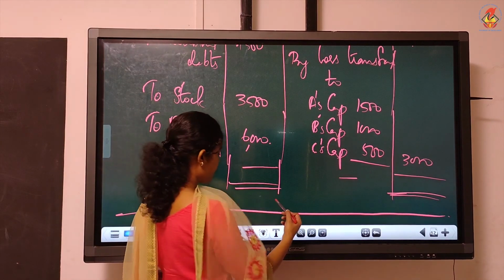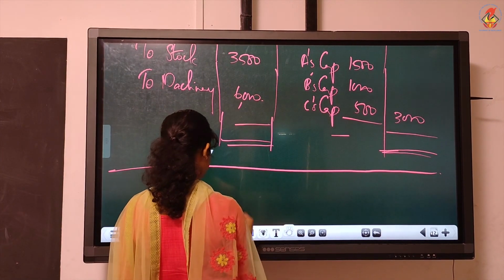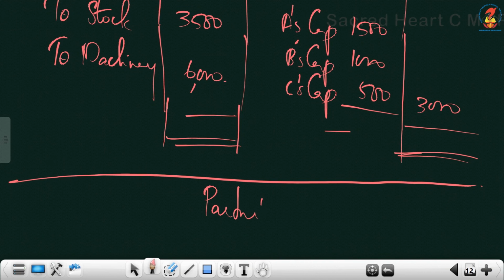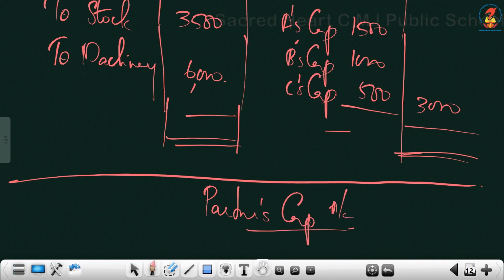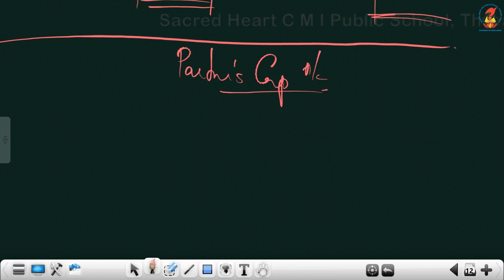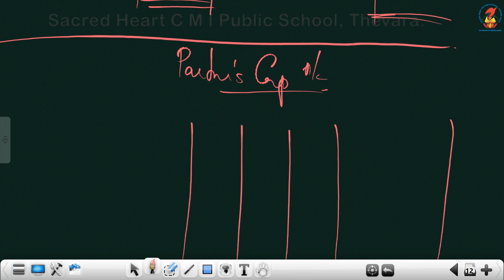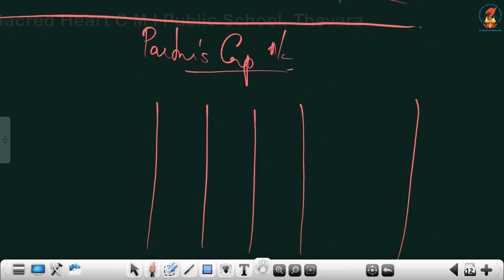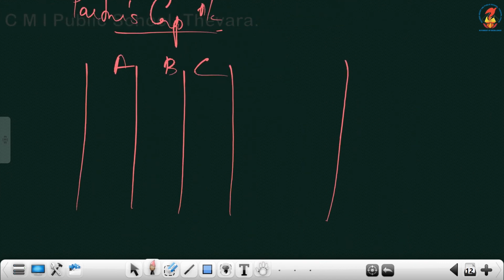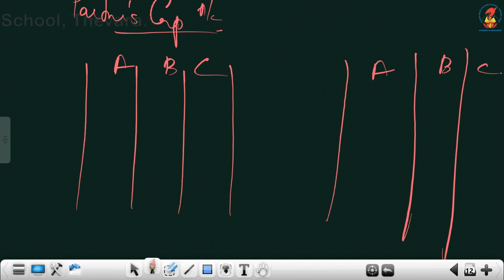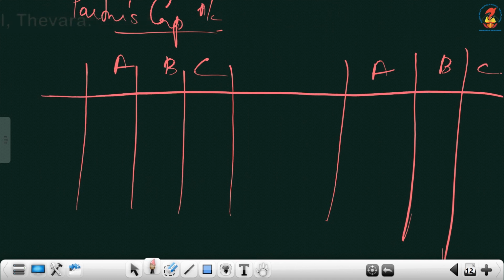Now we can start the partners' capital account. Particulars: three partners we have. We have to start as usual with the opening balance.